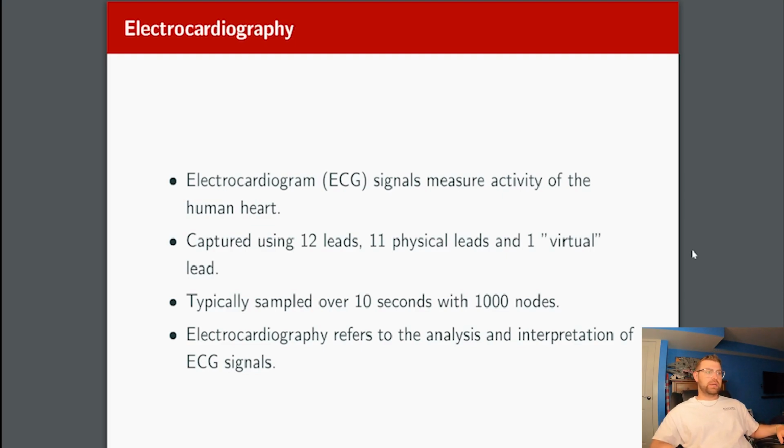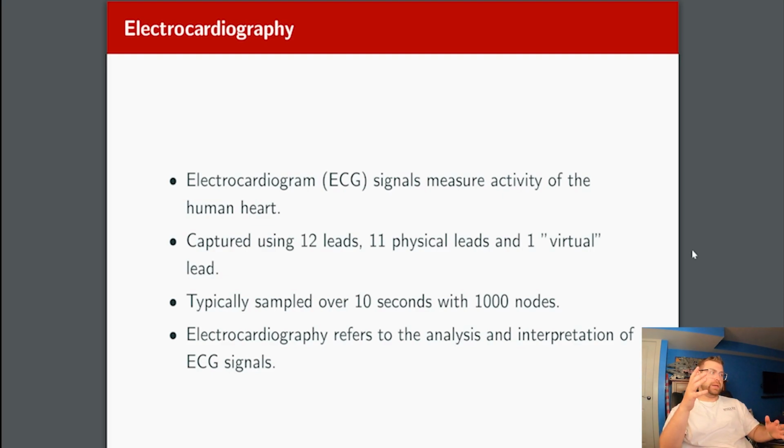So ECG signals measure the electrical activity of the human heart. They're captured using 12 leads on a patient or subject. So there's 11 of these physical leads. These physical leads are just little sensors that are hooked up on the subject in 11 different places on the body. And then we also have one virtual lead.